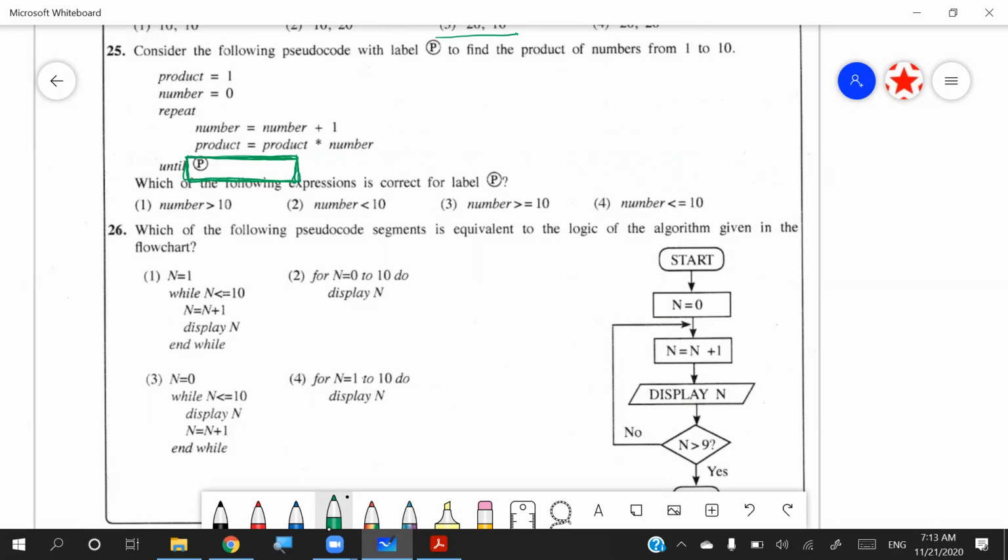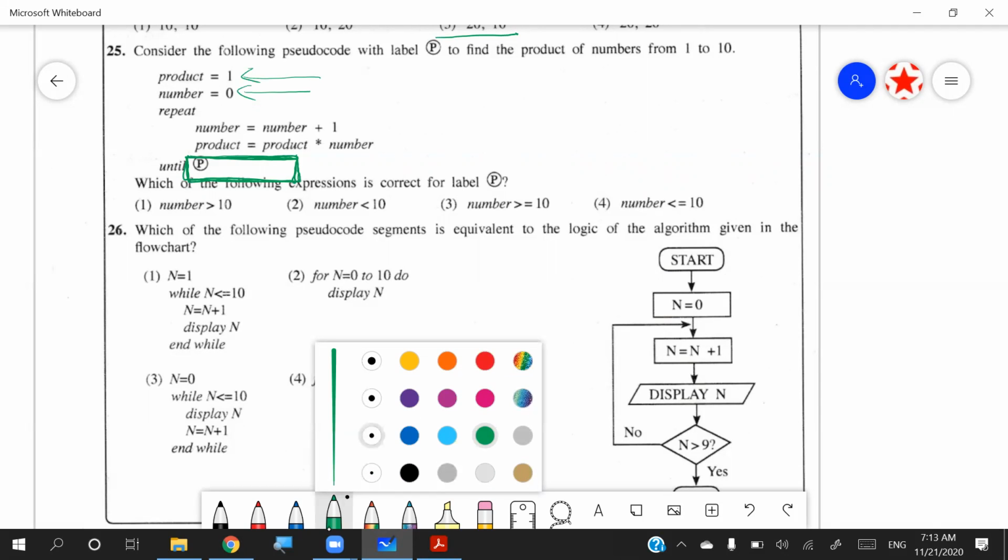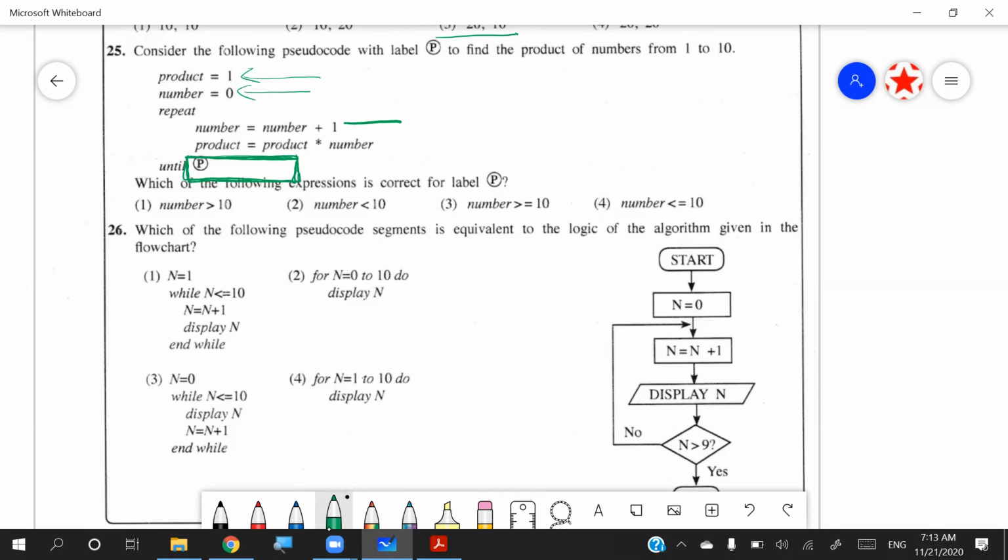You can see there are two statements assigning product and number as 1 and 0. In the repeat structure, they say add 1 to the number, and have product into number, and again assign it to the product.